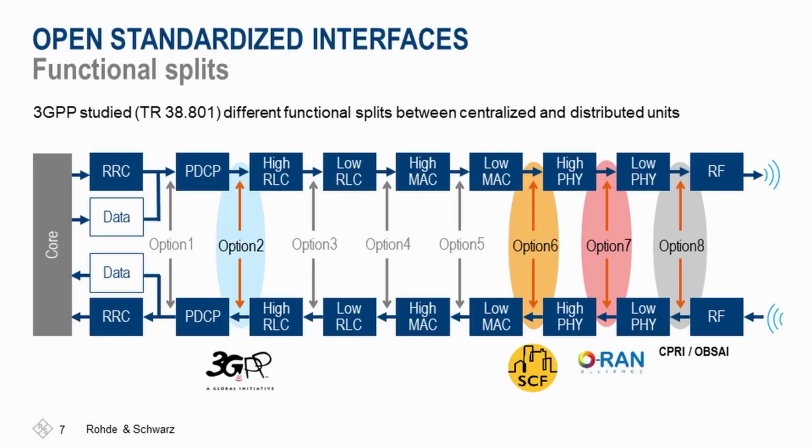Going forward, let's look at the open standardized interfaces. So the industry is moving towards open and standardized interfaces. Here the 3GPP studied in the technical report 38.801 the different possible functional splits between the centralized unit and the distributed unit.